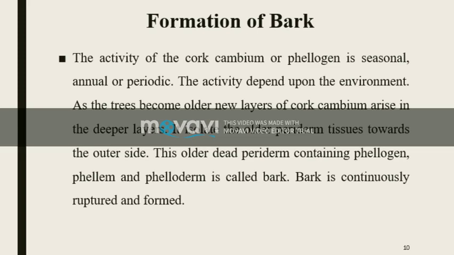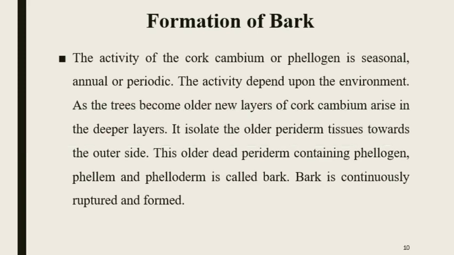Basically, when the secondary growth takes place in the cortex region, it forms three layers: cork, cork cambium and phelloderm.